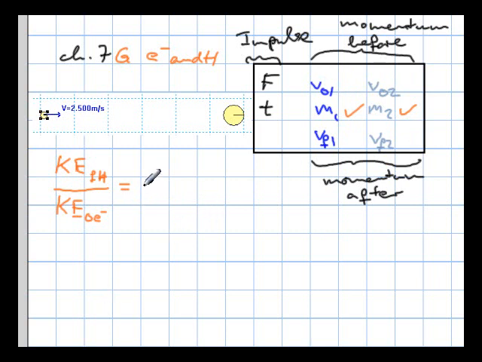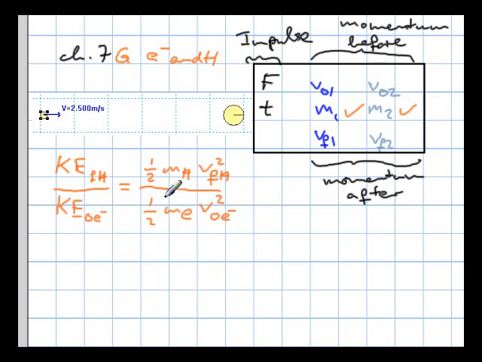Okay, let's write this one down here. This one is 1/2 the mass of the hydrogen times the final velocity of the hydrogen squared, divided by 1/2 the mass of the electron times the original velocity of the electron squared.